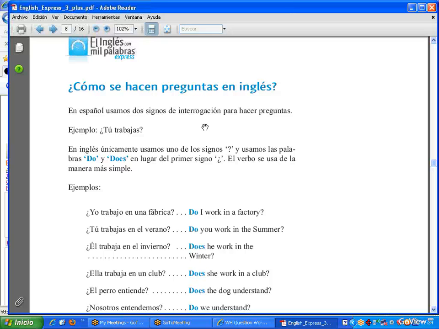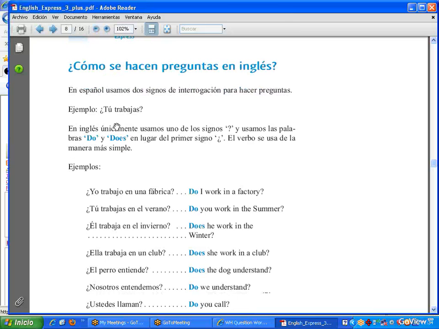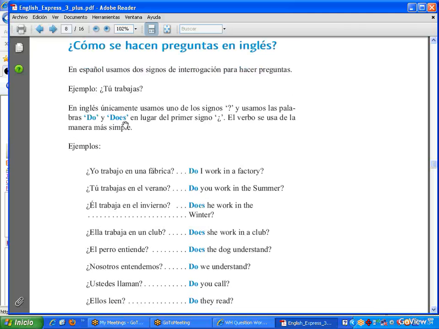In Spanish, you have one question mark at the beginning of the sentence and one at the end. Well, in English, we only use one question mark at the end, and we use the words do or does instead of the first question mark.